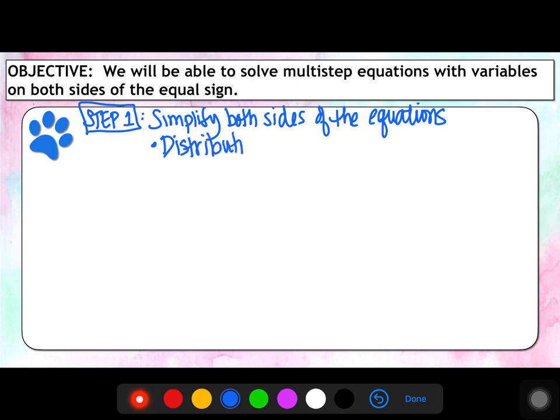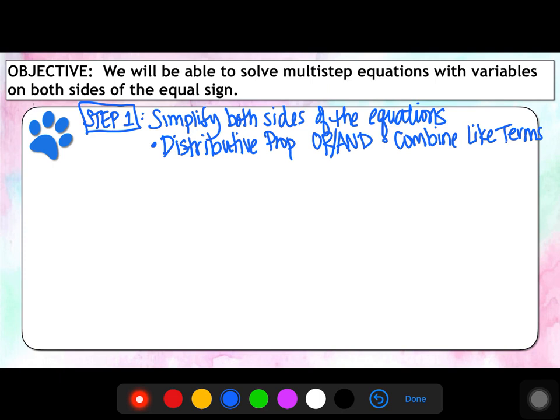We're going to use the distributive property. We're going to combine like terms. Sometimes you have to do both.